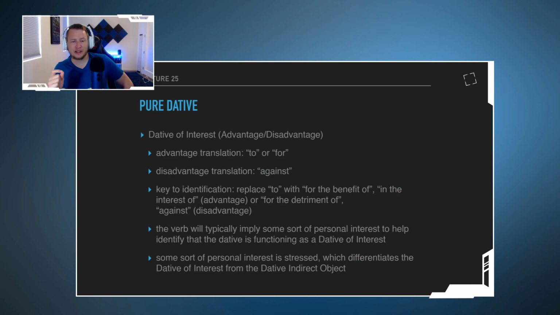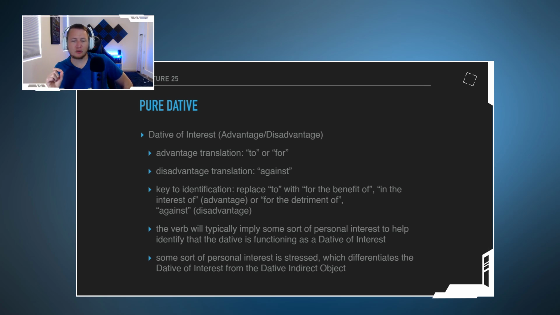The key to identification, here's your test, to determine if it's dative of interest is to replace to with for the benefit of, in the interest of, for the detriment of, or against. Okay? Now you can include those tests in your translation if you want. Not required. Okay? But if you feel like it helps with the interpretation, go ahead and include it. But simply, it might just be to, for, or against.